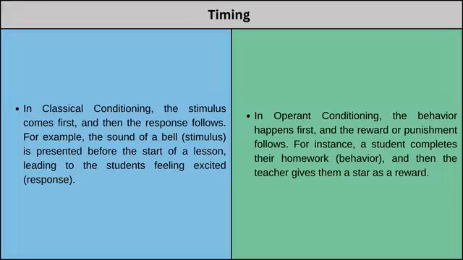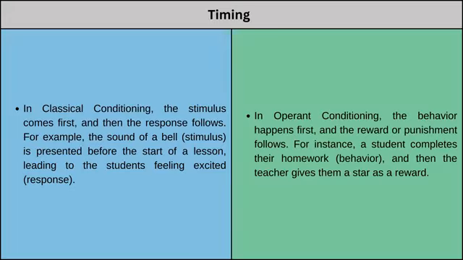If the outcome is positive, such as receiving a star, the student is more likely to repeat the behavior in the future. So, to put it simply, in classical conditioning, the stimulus comes before the response, whereas in operant conditioning, the behavior precedes the consequence.